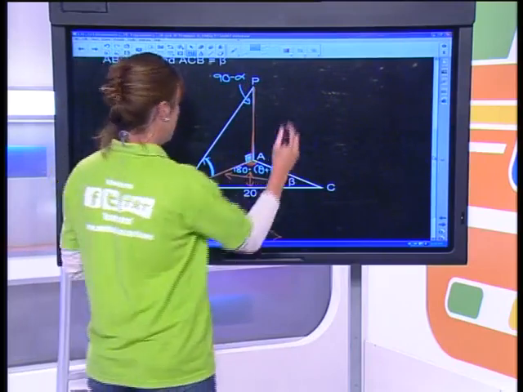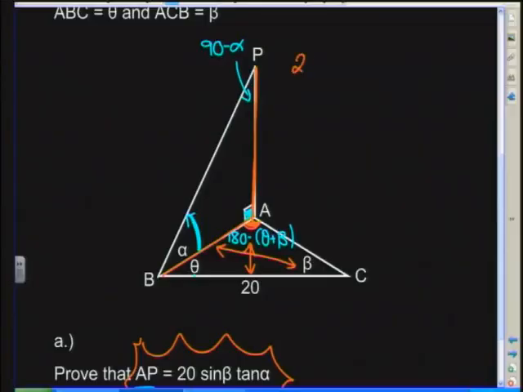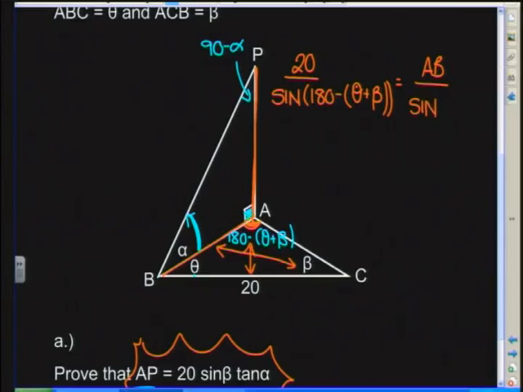Okay, so we are going to take the known side of 20, and put it over sine of the angle opposite that, which is 180 minus theta plus beta. That is then made equal to the length which I'm trying to find, which is my AB, over sine of the angle opposite AB, which is beta.